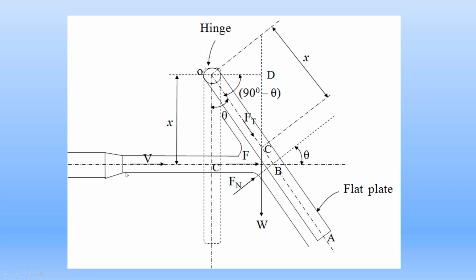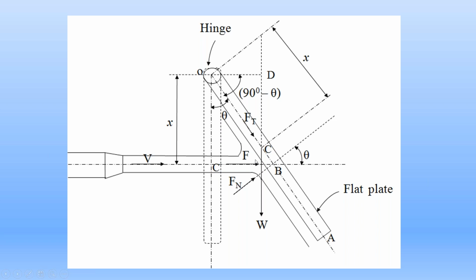Please remember, in the first condition, we discussed the impact of a water jet on a stationary vertical metal plate. If the metal plate is a stationary vertical flat plate, we prepared the equation for the horizontal force Fx acting on the plate due to this water jet impact.